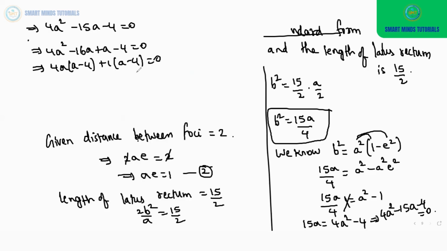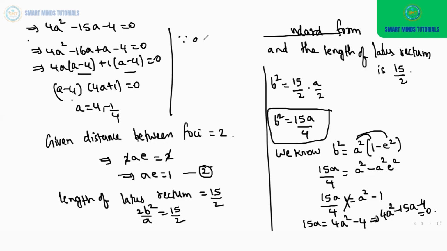Now a minus 4 common into 4a plus 1. So a is equal to 4 and minus 1 by 4. So we take, since a is positive, a is equal to 4.